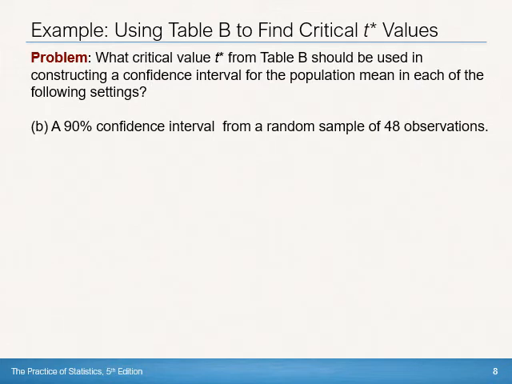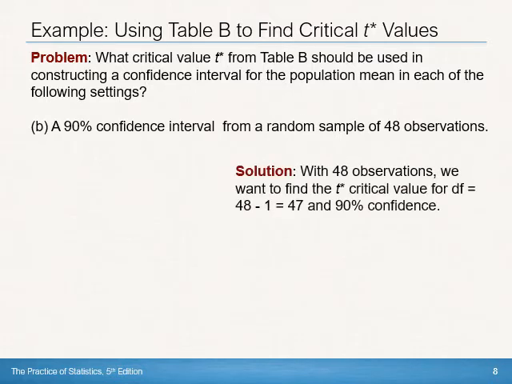Okay, this slide talks about the limitations of finding our critical t value from our t table. If we're looking for a 90% confidence interval and we have a sample size of 48, the critical t value will be found by first calculating our degrees of freedom of 47.